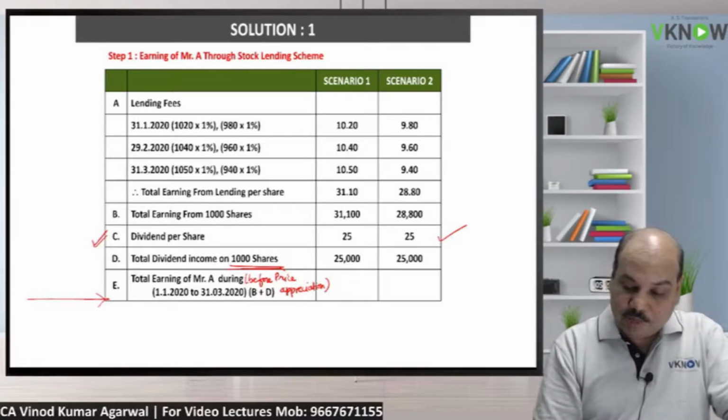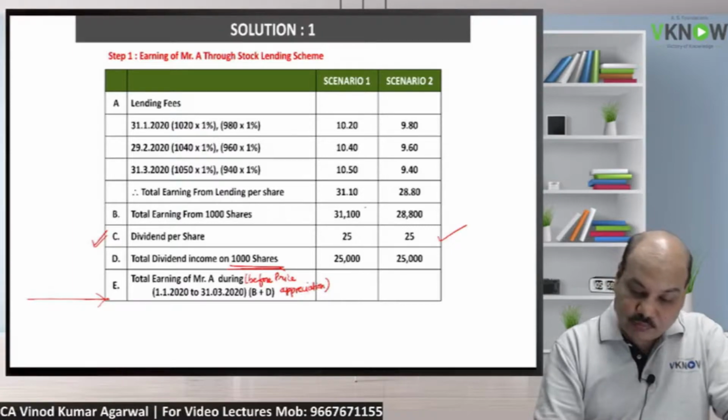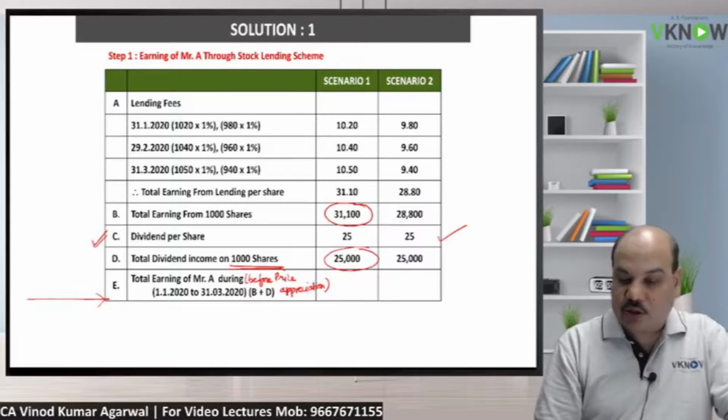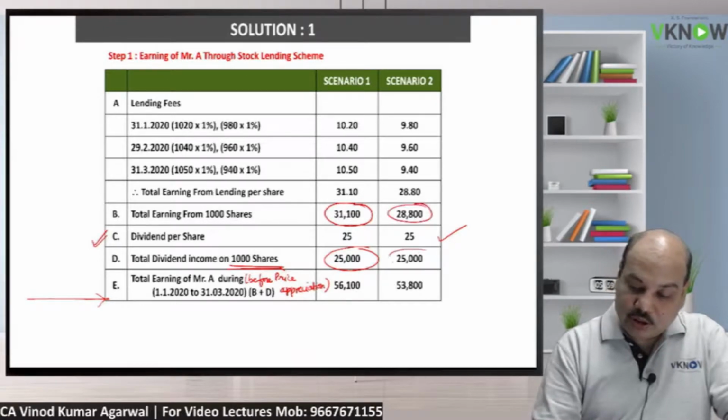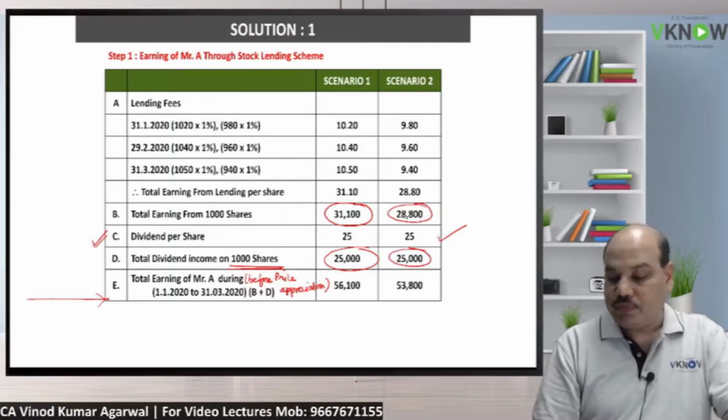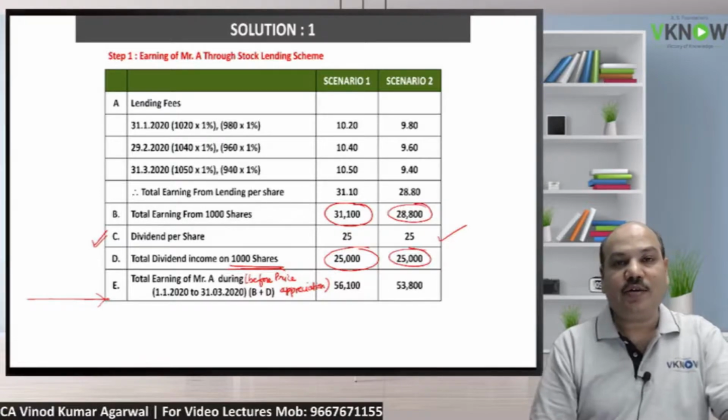So right now, before considering price appreciation, your earning is B plus D. 31,100 is stock lending fees, 25,000 is dividend, 56,100. 28,800 plus 25,000 is 53,800.